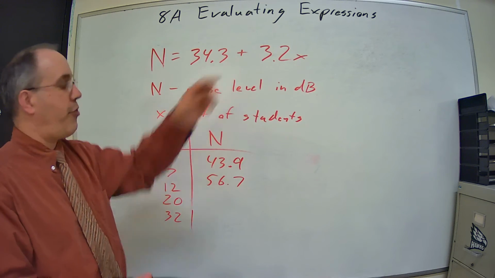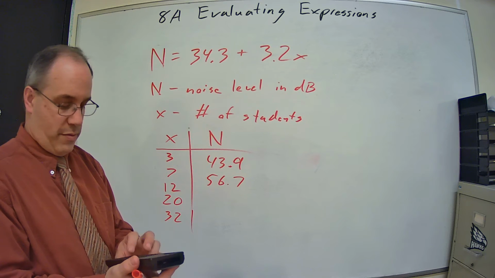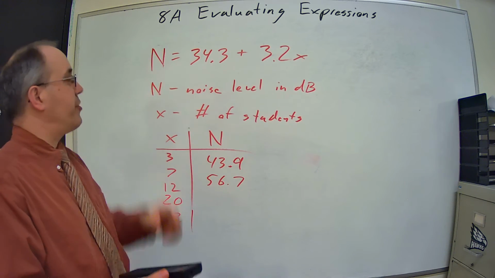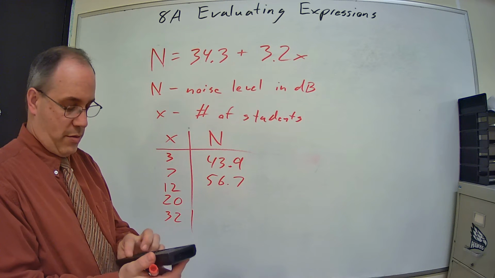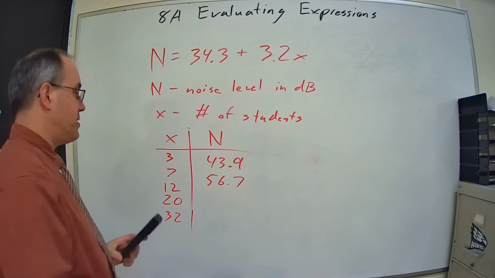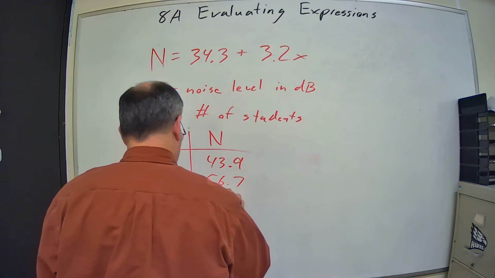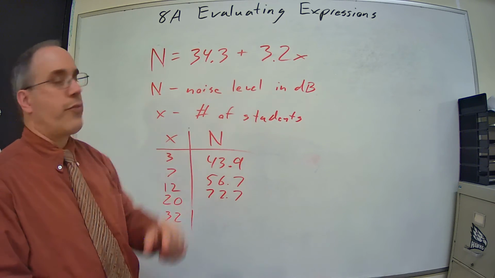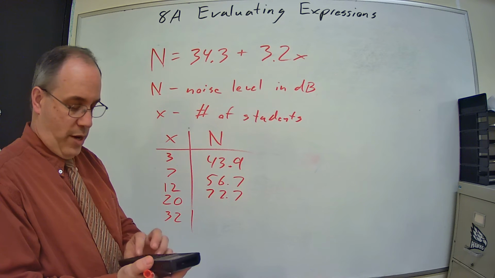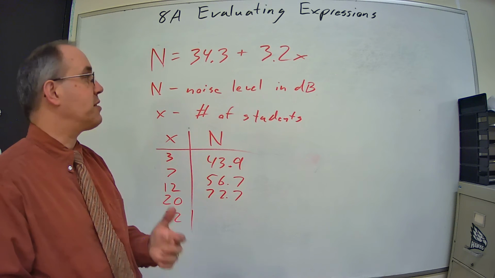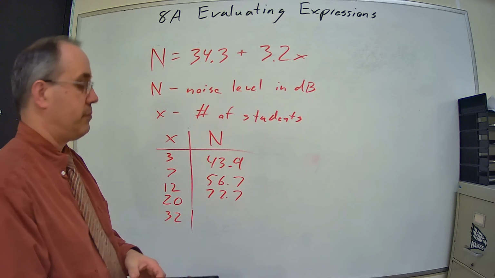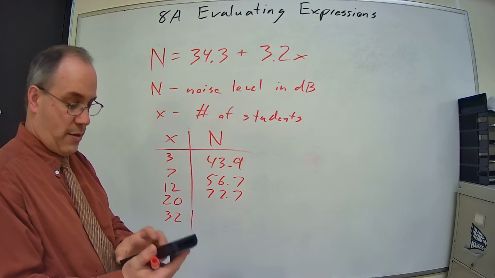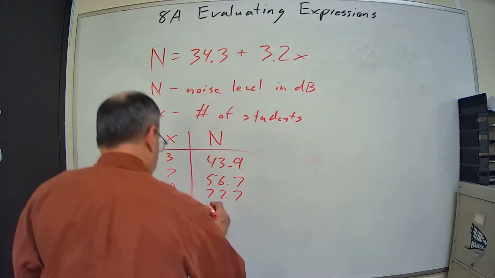If we have 12, 3.2 times 12 gives me 38.4 plus 34.3 gives me 72.7. If we have 20 students, 3.2 times 20 gives me 64 plus 34.3 gives me 98.3.